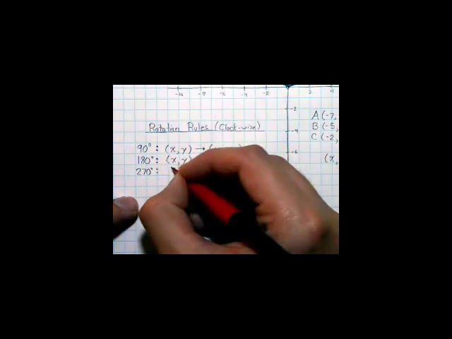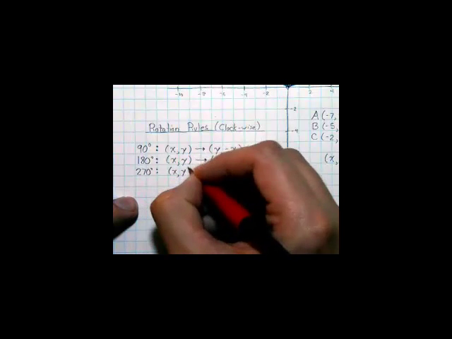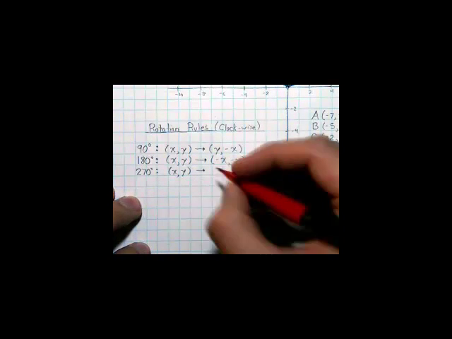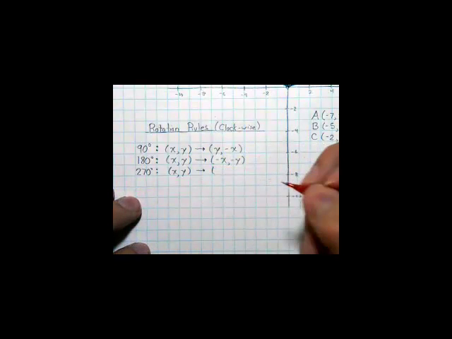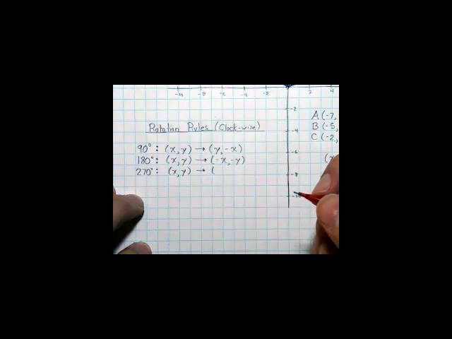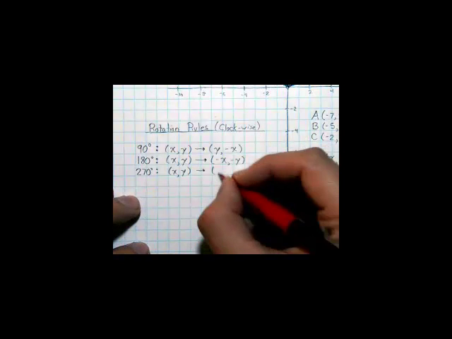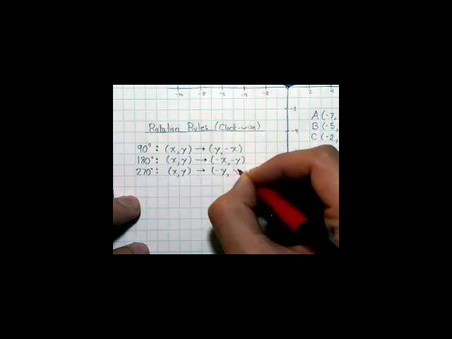360. 270 is going to be y. Yeah, so that would be negative y, x. Yeah, that makes sense.